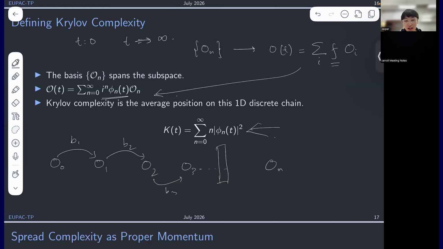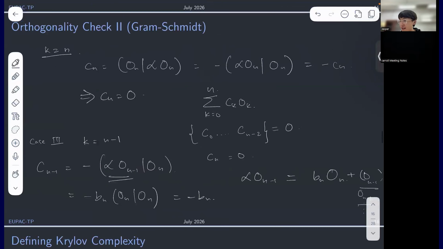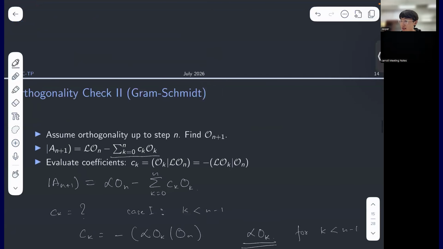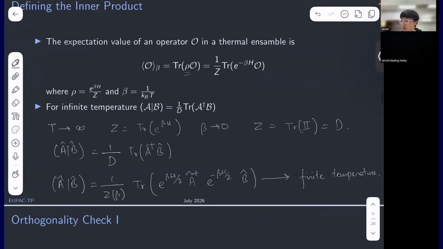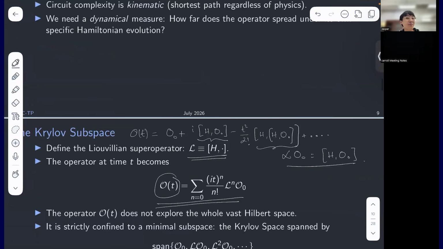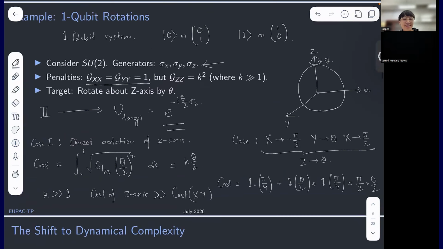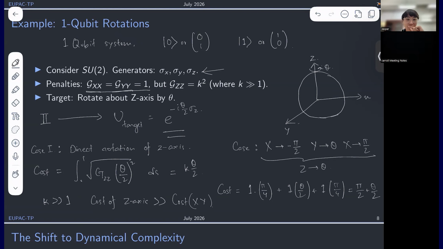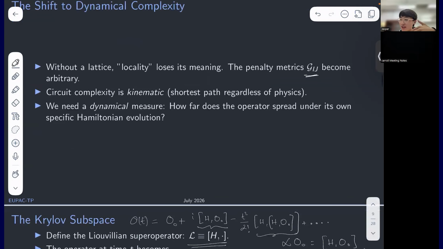In Nielsen's case, we had to define an arbitrary metric, but here we don't have to do this anymore. We just have to set up our system such that everything we need comes from the Hamiltonian. So it's intrinsic in nature, right? There's nothing arbitrary here.